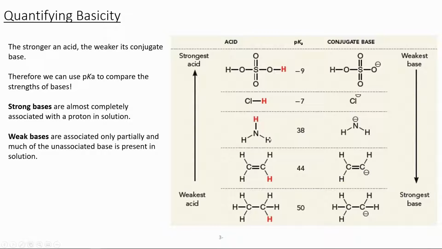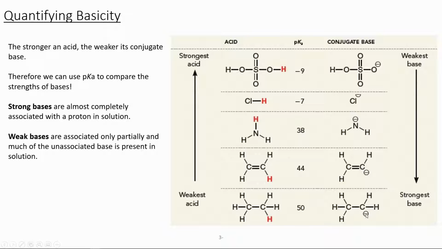The same trend holds true with strong bases. Here we have ethane, ethylene. In solution, a strong base is going to be partially unassociated. So we have ethane, the conjugate anion of ethane is actually the strongest base.